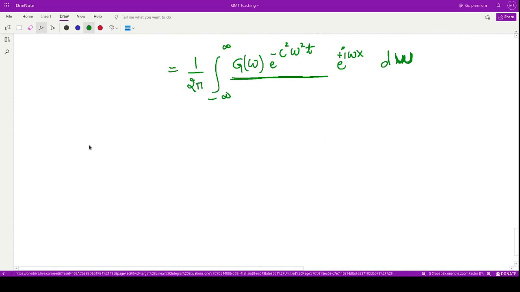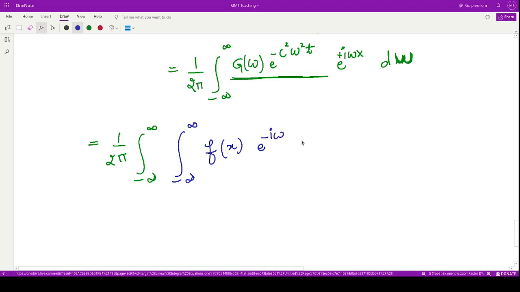Therefore, we have 1 by 2 pi integration from minus infinity to infinity, and in place of g of omega, I can write the integral from minus infinity to infinity of f of x e to the power minus iota omega x dx. In order to differentiate it from this integral, I could change this variable, because this is a dummy variable used for integration, so I could use some other variable also.